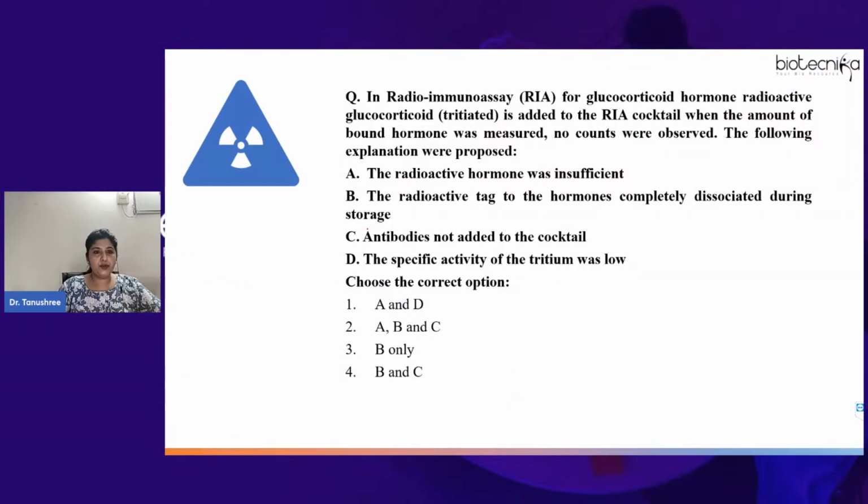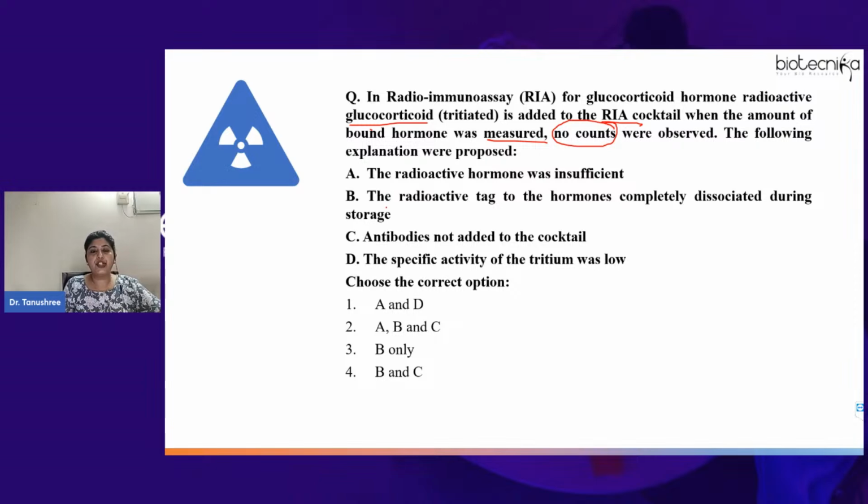So let's move over to another question. In radioimmunoassay for glucocorticoid hormone, radioactive glucocorticoid is added to RIA cocktail. When the amount of bound hormone was measured, no counts were observed.